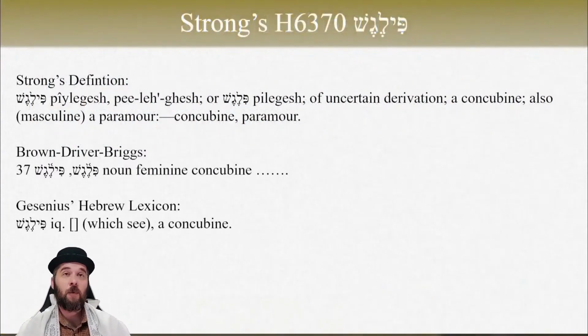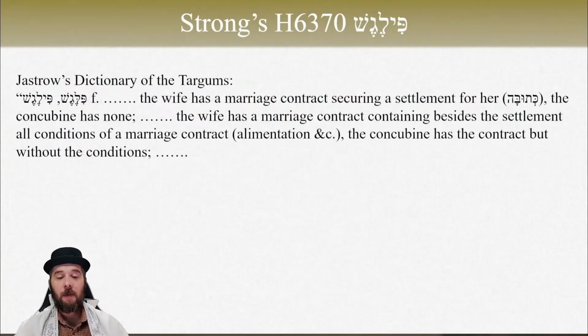A concubine is the Hebrew word pilegesh, that comes from Strong's H6370. And pretty much in a nutshell, what a concubine is, is a wife, okay? There were the regular wives and there were concubines, but the concubines were also considered and treated as wives because they were just a wife. But the main difference is that back then, when you got married, a man would pay a bride price to the woman's father or family in order to get married.